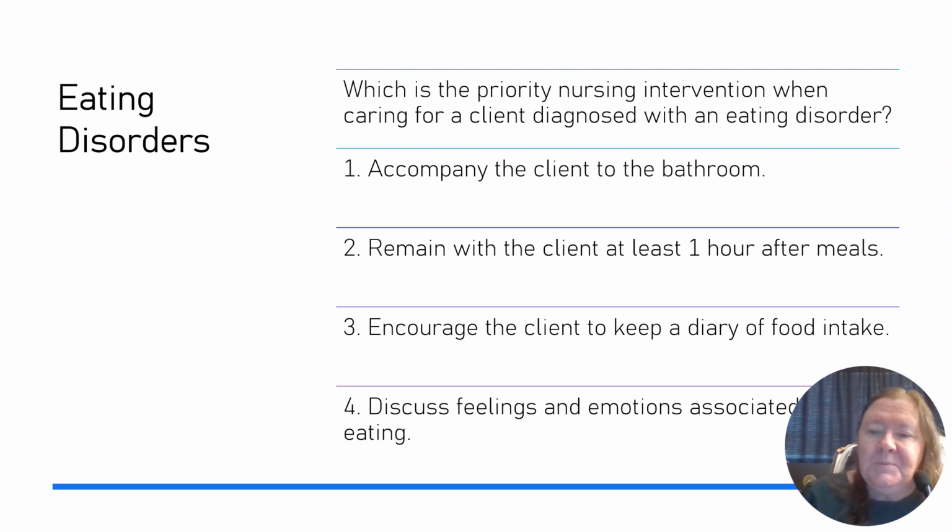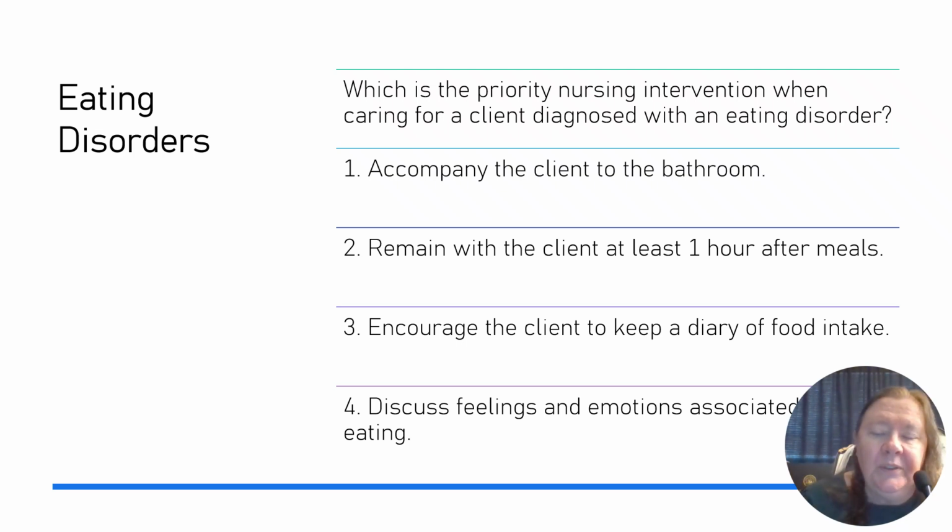These are meal ops or meal observations. These are ordered by the doctor, and this is where a tech or a nurse will stay with the client. This meal observation is because the client may use this time after eating to discard food that has been stashed from the food tray or engage in self-induced vomiting.